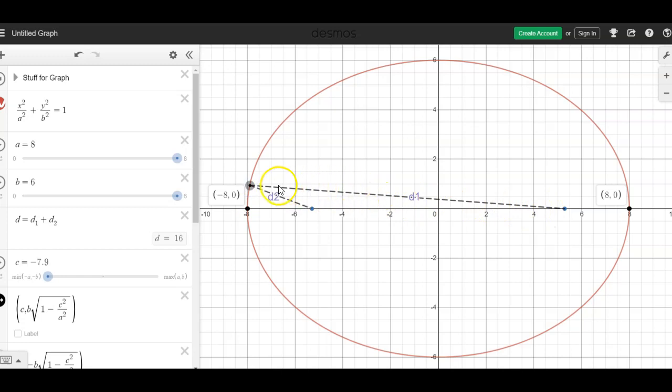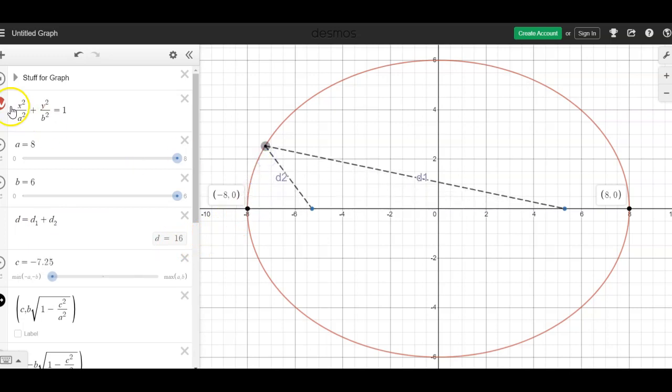D1 is extending all the way to the point, and now the point is on the negative x-axis. So D2 could be picked up and just fill in that distance right there, and that's A, right? That distance right there from 0 to 8, that's 8, which is A. And then this is also A. So the sum of the 2 distances is always 2A.